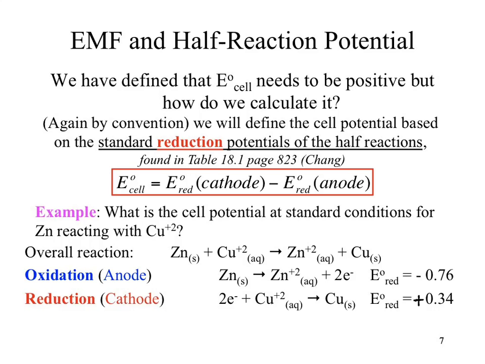Okay. So we would go through and add it up. Our cathode minus the reduction potential at our anode. So our cathode was a positive 0.34 minus a negative 0.76. What do we get? We still get that positive 1.1 volts, the exact same answer.